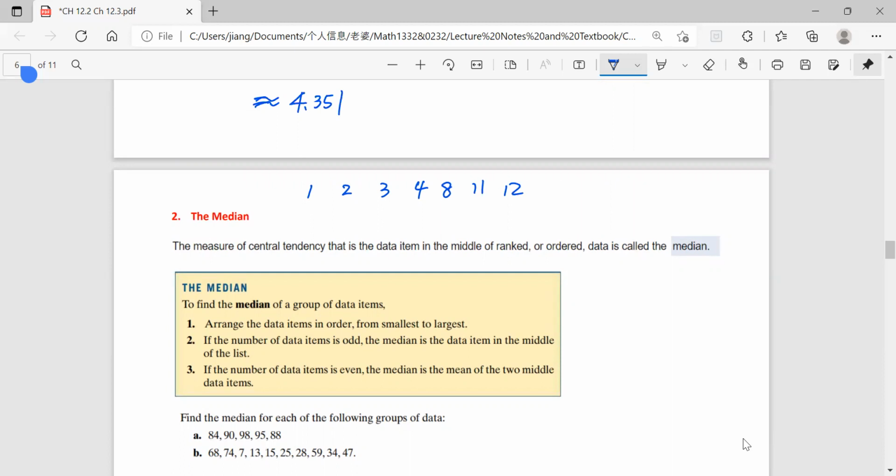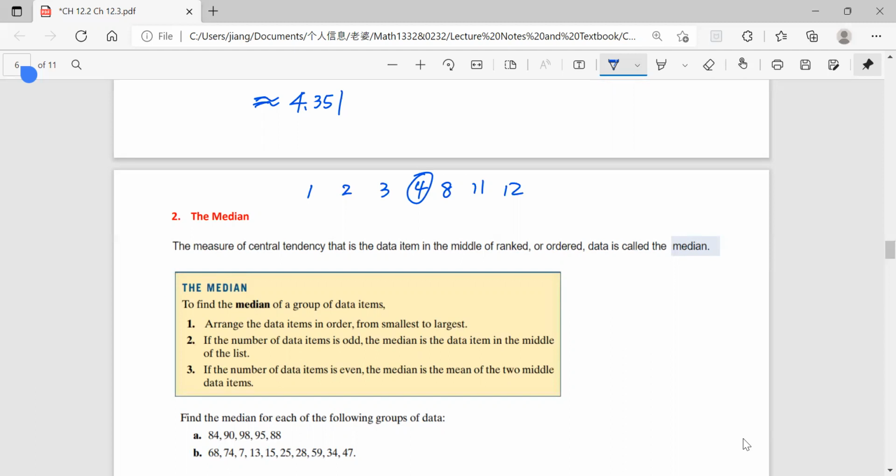So which number occurs in the middle of this set is 4. It's the fourth position of this data set. So the 4 is the median for this data set.